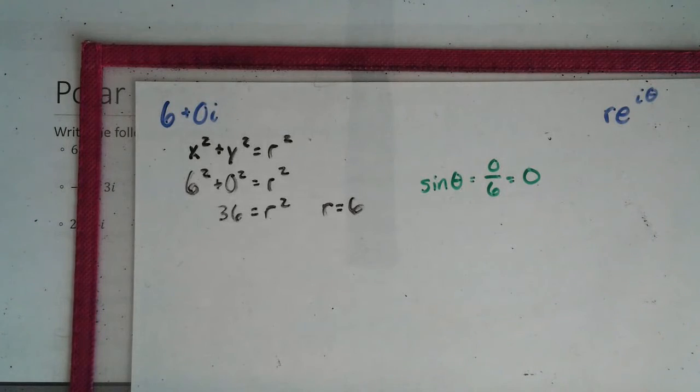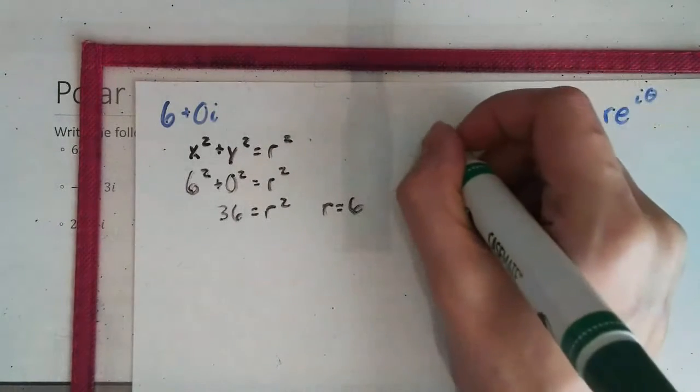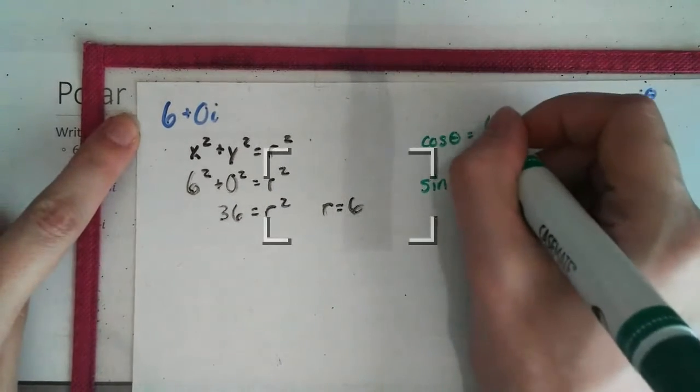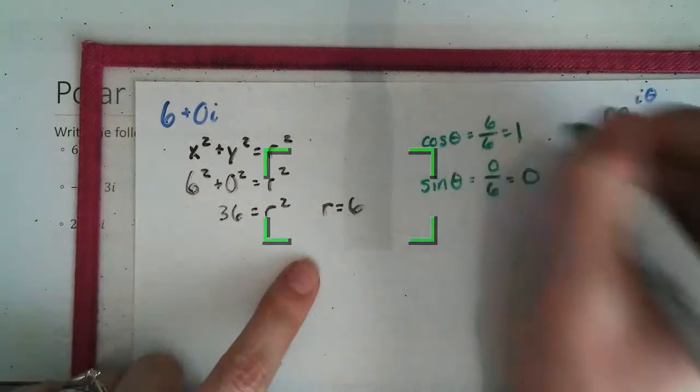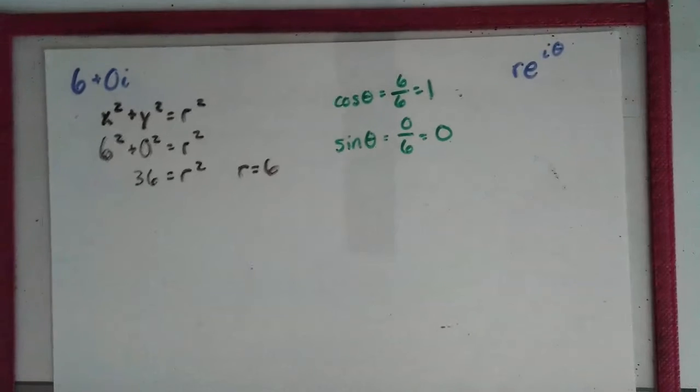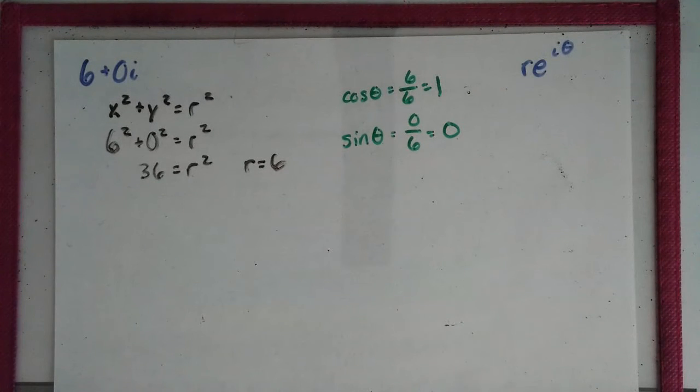So the sine value is 0. If we looked at cosine, we would have the cosine of theta is equal to the x value 6 over the r value 6, which is 1. Both of these lead us to the same place, and there's only one place where sine is 0 and cosine is 1.